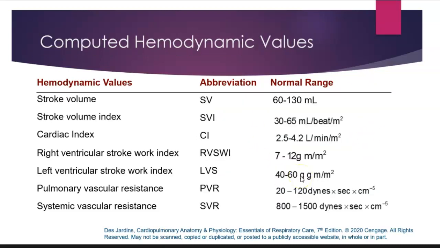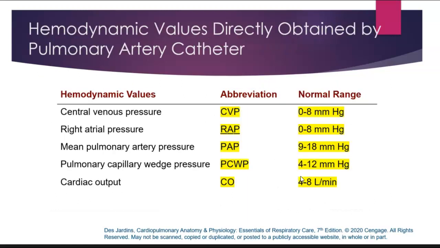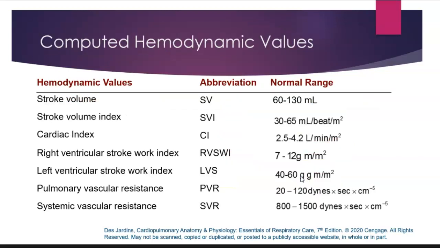You do not need to know these normal ranges, and you do not need to know the calculations for how you achieve them. So again, know the normal ranges for the ones you directly measure. You do not need to know the calculated normal ranges or how to calculate them.